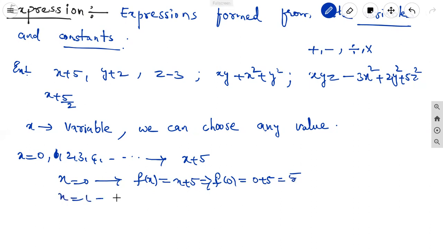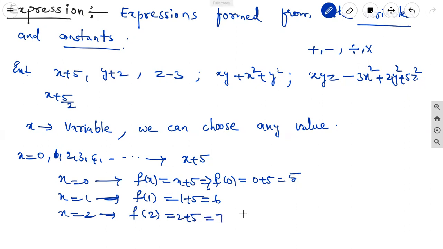At x equal to 1, substituting, 1 plus 5 is equal to 6. For x equal to 2, it is 2 plus 5, which is equal to 7. For different values, we get different expression values.